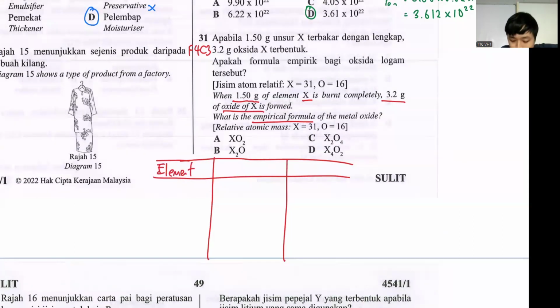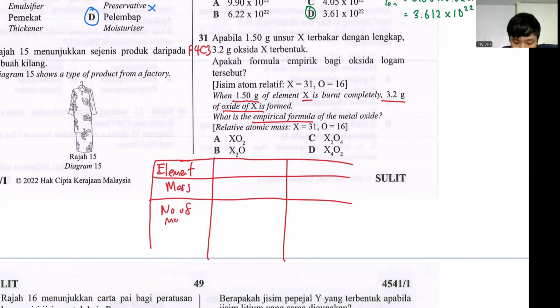Element, mass, number of mole, then the simplest ratio. Very easy.